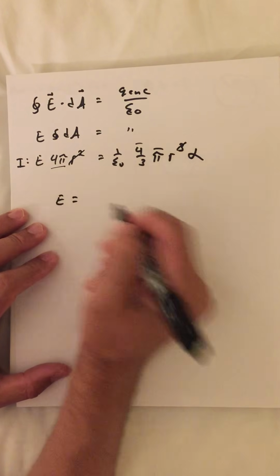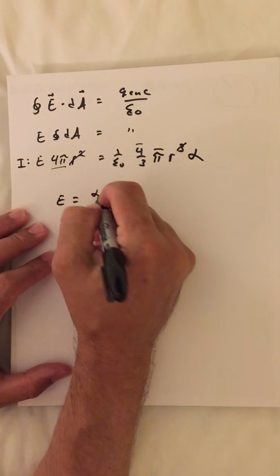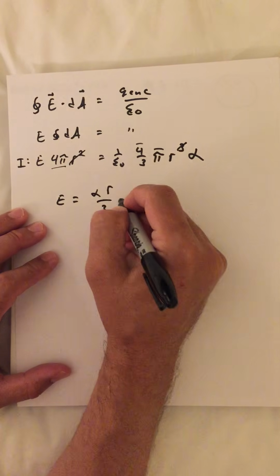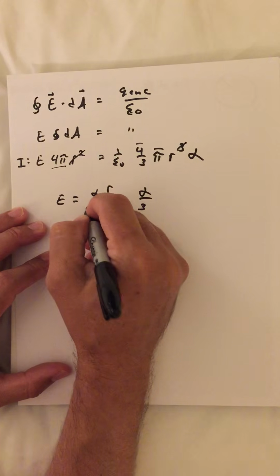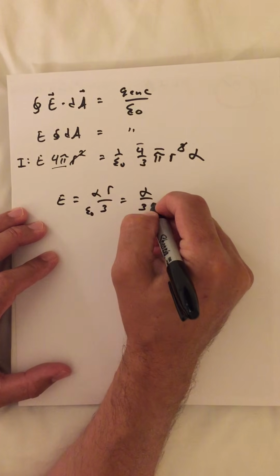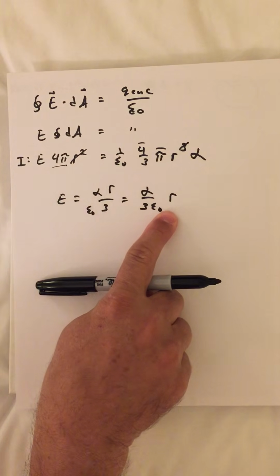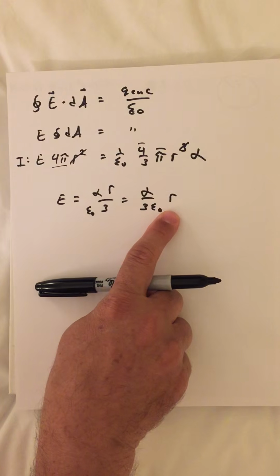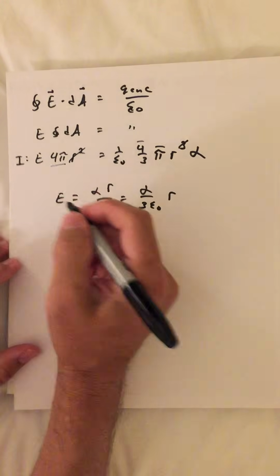E is then equal to, what do I have left? Alpha over 3 epsilon naught r. The electric field inside for a uniform charge distribution turns out to be linear. That's interesting. Okay, so this is region 1.